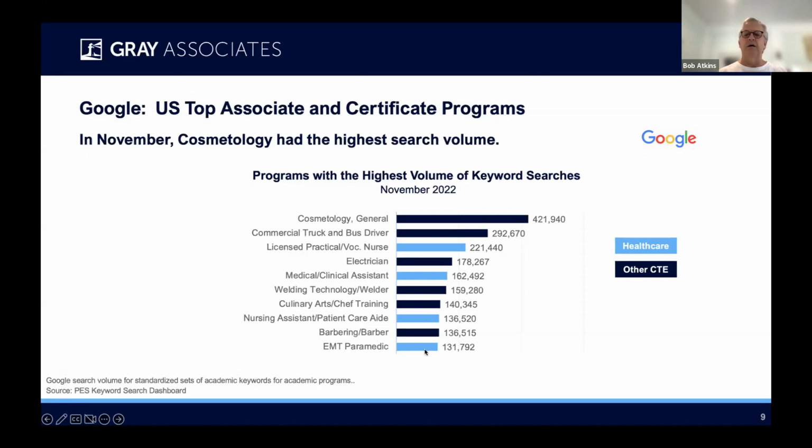So it is not uncommon to see healthcare leading the list. In this case, it is 4 out of our top 10. Then we see what I'll call other career and technical education. That, you'll see through the presentation, terms to me a little amorphous. Does, for example, baking get included or not? But in that, we certainly this time have electrician, we have welders, and we have barbers.